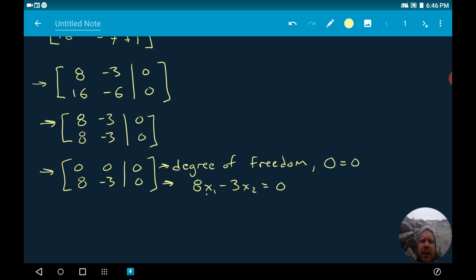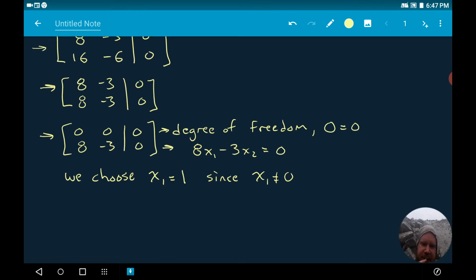In this case, we have a choice of what we want x1 to be equal to. If we chose x1 equal to 0, then we wouldn't get something that we can use for an eigenvector, since our eigenvector would be 0, 0, based on this equation. So we chose x1 to be equal to 1, since x1 can't equal 0, which I think is a good choice.